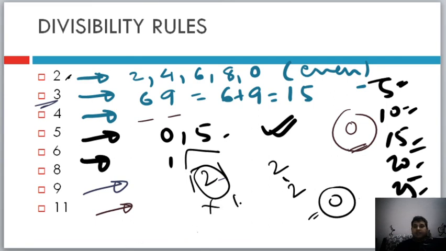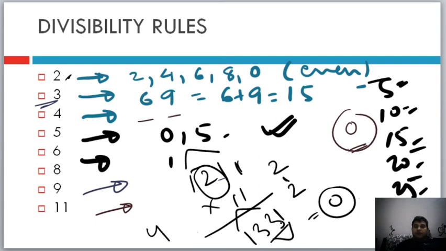Now let's try and multiply this by 11. ठीक है. So this is the number, you add and you add, it will be the same: 3 plus 1 is 4, and 3 plus 1 is 4, 4 minus 4 is 0, which means that this number will be divisible by 11.